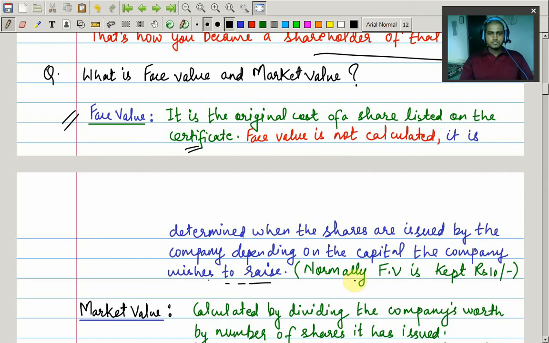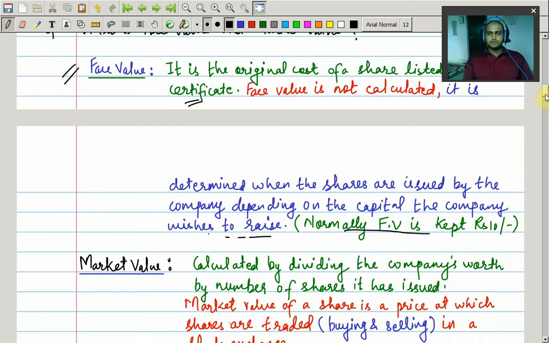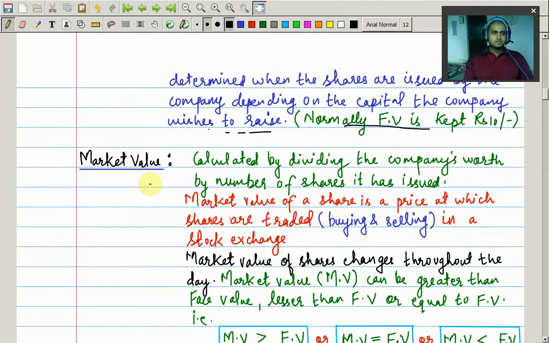So normally face value is kept at rupees 10. In some theoretical questions we also take rupees 100, rupees 10 and 100. But in the real share market, rupees 10 is the face value.